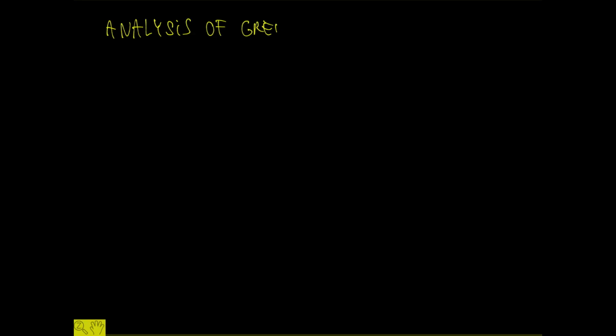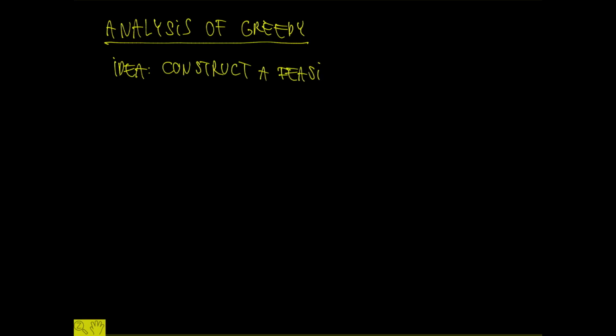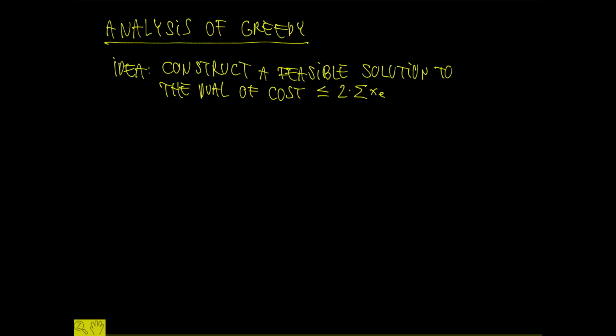The analysis of greedy that we are going to do goes via the dual of the LP relaxation. So the idea is to construct a feasible solution to the dual, let's call it P, of cost that is at most 2 times the size of the matching that we get. So 2 times the sum of all the x_e's.